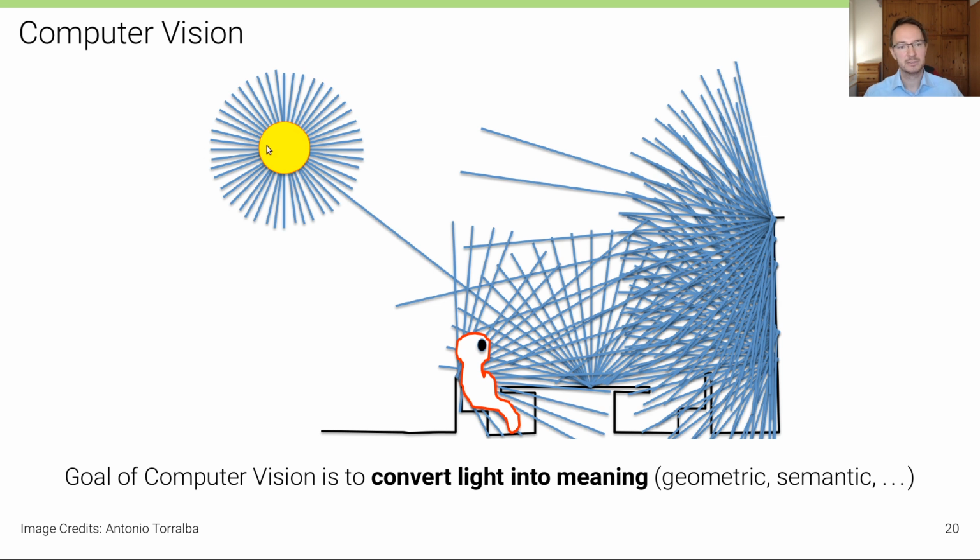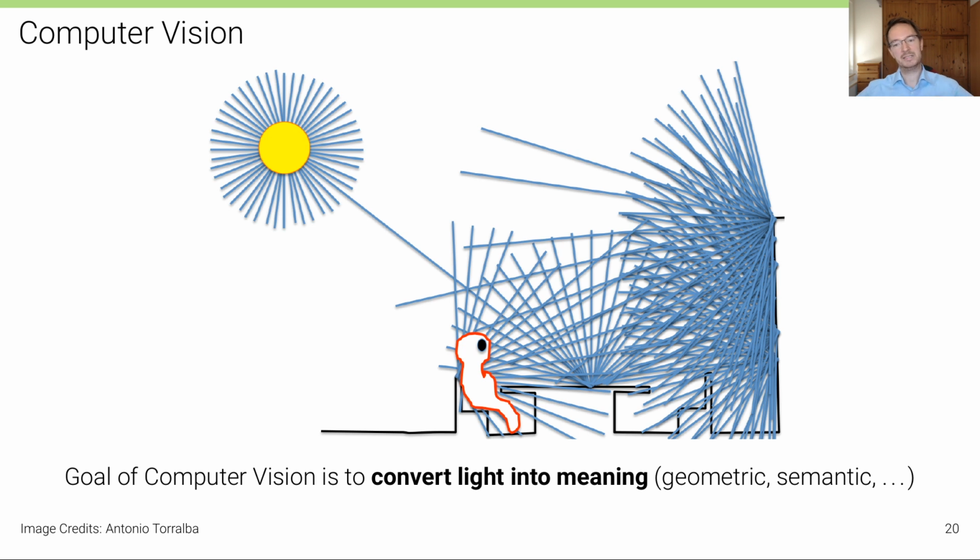Here's a light emitter that emits light rays into all directions, and these light rays hit a surface point, and then they bounce away into multiple directions from that surface. And then they hit another surface point, and at some point they hit the observer, the eye, or the digital camera.